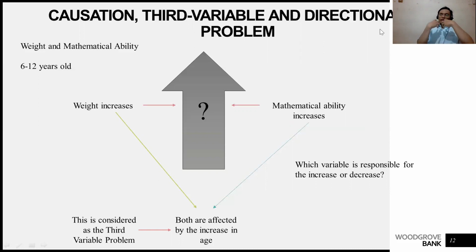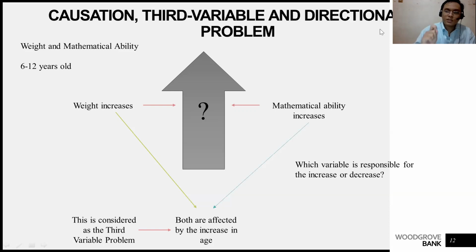In a basic sense, the independent variable is the weight, and the dependent variable is the mathematical ability. The research itself dictates that if the weight increases, the mathematical ability increases. So in a simplistic sense, we can determine that if weight increases, mathematical ability increases, there is a direct relationship.